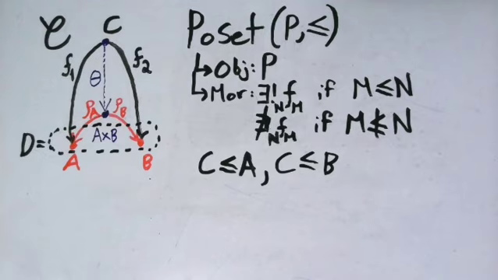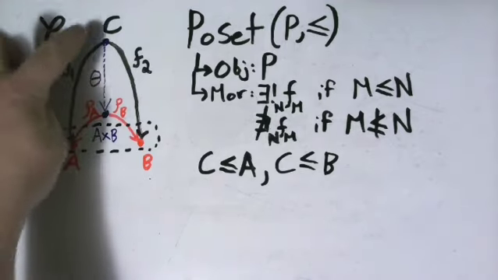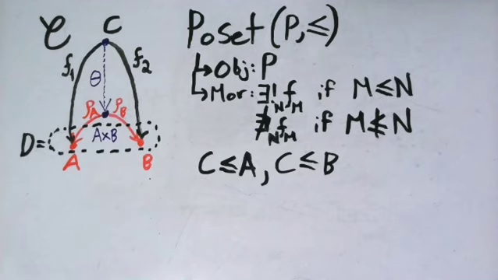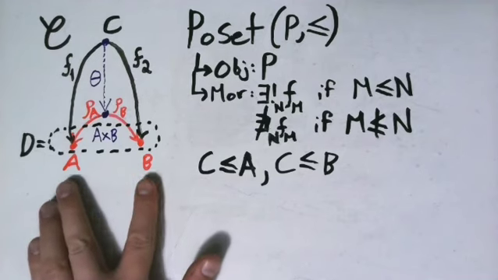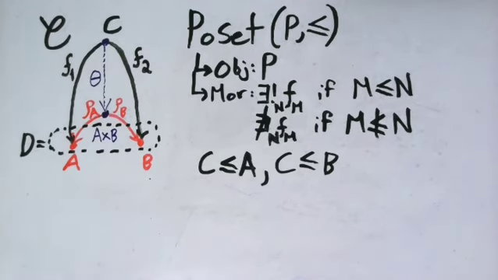If we can find a cone, it means that the vertex of the cone must be less than or equal to both of the objects in our diagram.